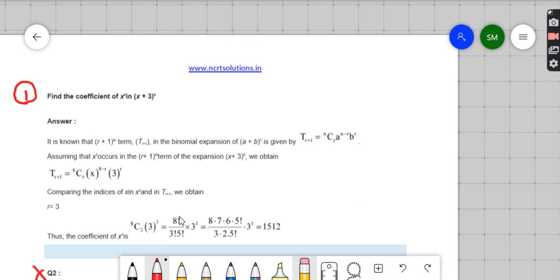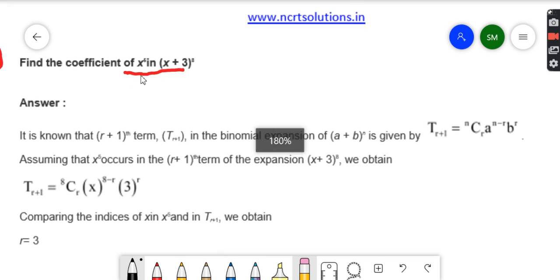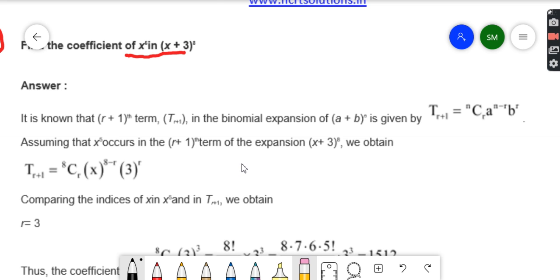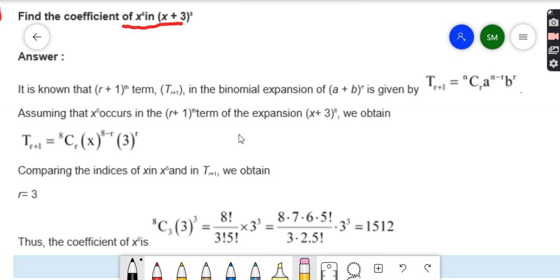Okay, first one. Find the coefficient of x raised to 4. Alright, this is another use of this formula. Find out the coefficient of x raised to 4. Alright, so x raised to 4 you want to find out. Means how to express.